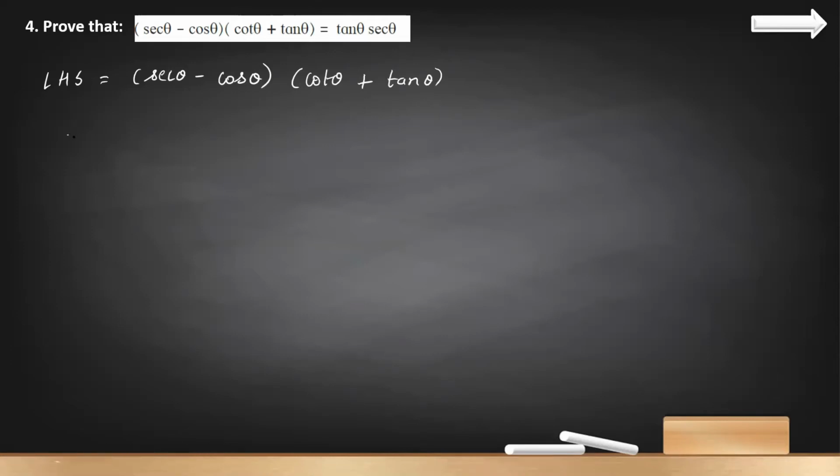Like for example, I'll put this first bracket sec as 1 upon cos theta minus cos theta, which is already over here. Then as far as the second bracket, cot theta we know is cos upon sine, and tan is sine upon cos.